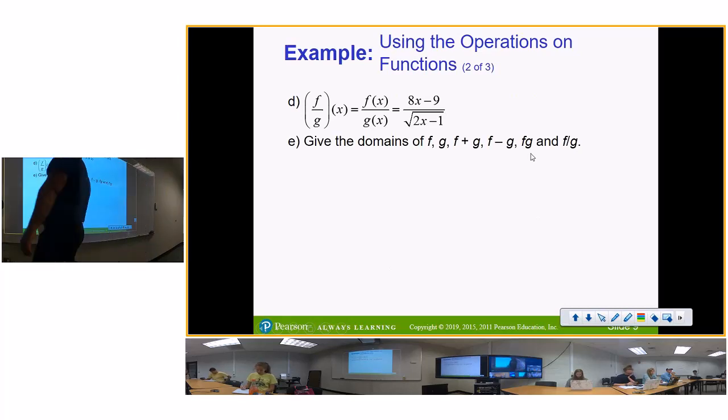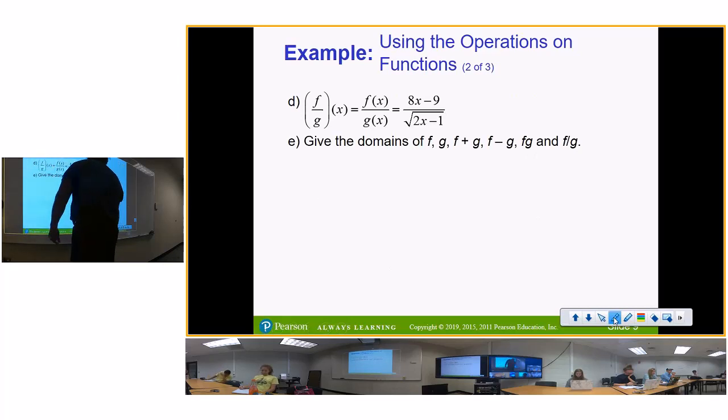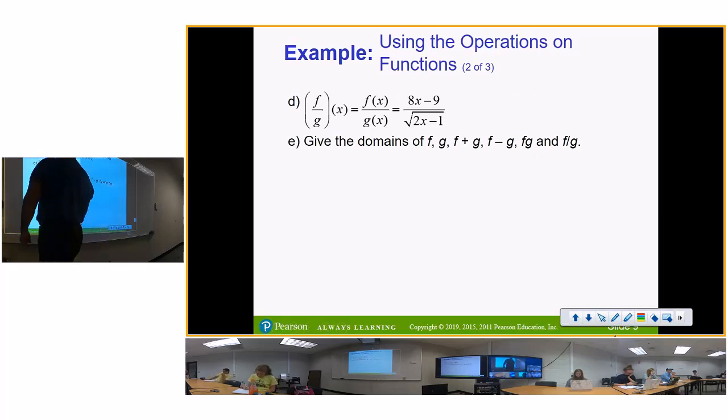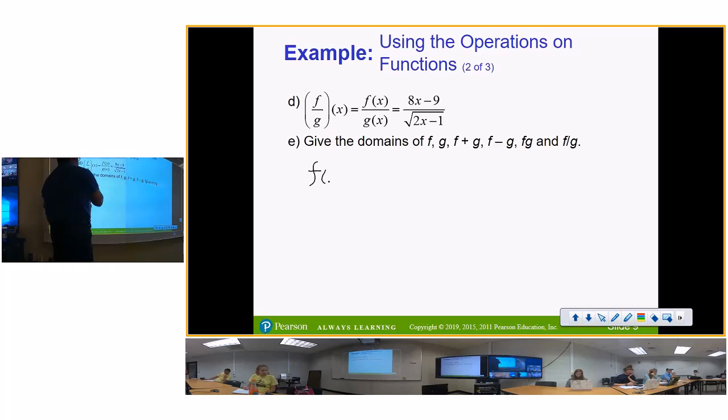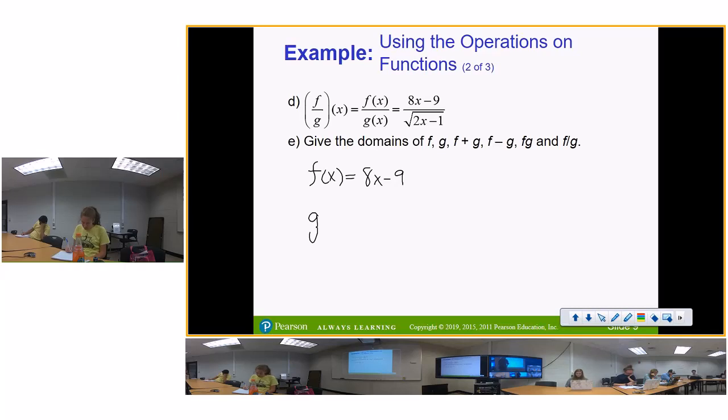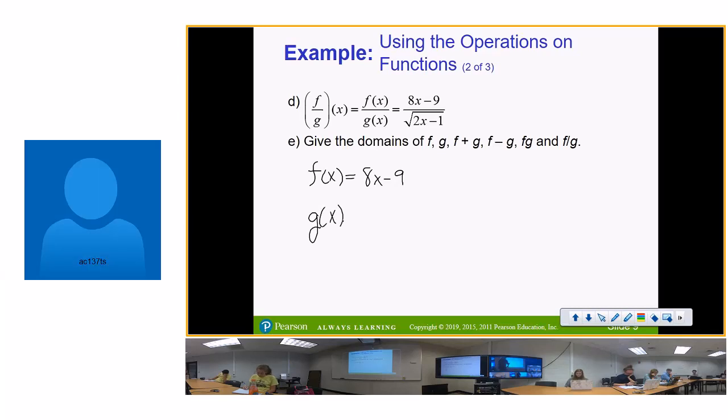All right, first of all, let's write F down. F of X, and this is important, so you might want to write it down for those that are playing on your computer. F of X is equal to 8x minus 9. G of X is equal to the square root of 2x minus 1.